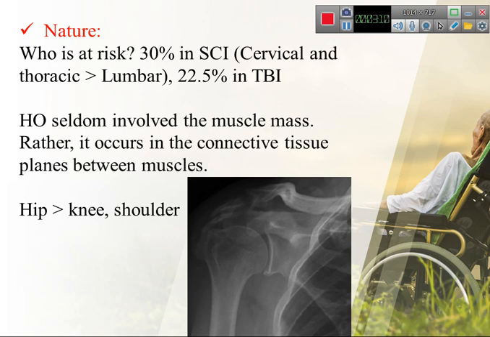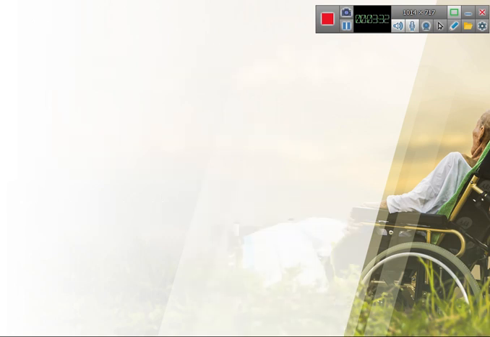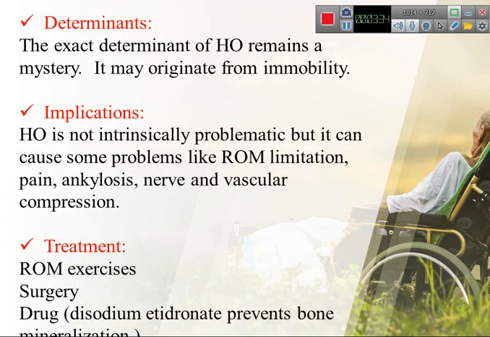It is important to know that HO seldom involves the muscle mass, but occurs in connective tissue planes between muscles. And in the hip joint, it is more common than in the knee or shoulder joint.